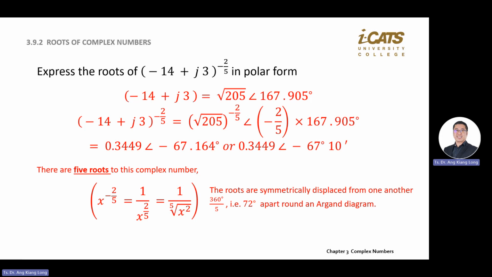If you have fourth root, it means 90 degrees from each other, 360 divided by 4. If it's cube root, it means 360 divided by 3. We have three segments: 120, 120, 120.